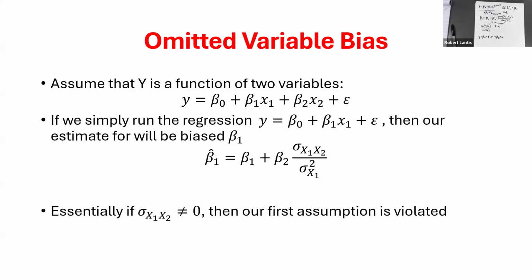Also, if we exclude a variable, even if it's correlated with the one we included, let's say I included my parents' IQ, right? Do you think that's likely correlated with my IQ? I don't know a lot about genetics, but yes, there is some correlation there.